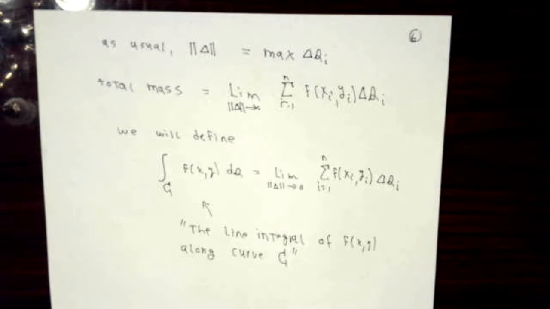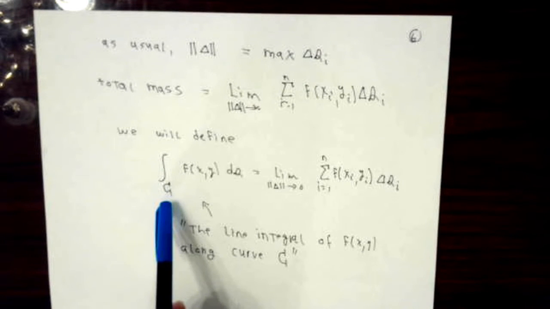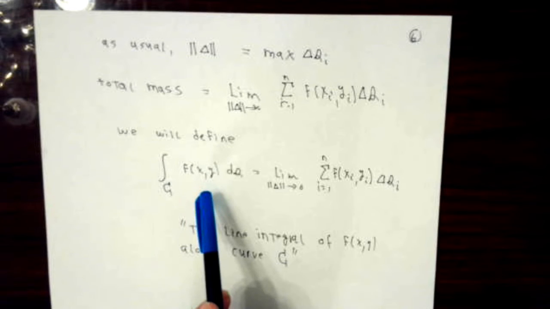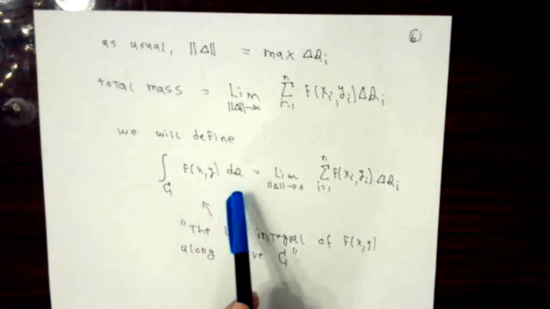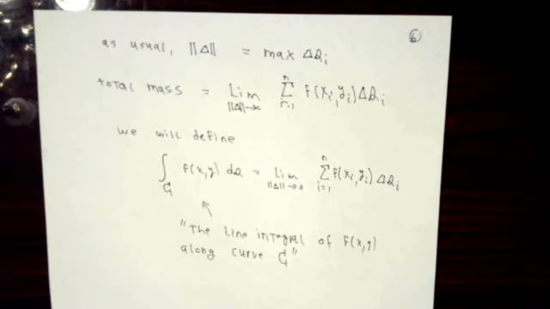The symbol that we're going to use for this is integral sign, name of the curve, the function that we're integrating, d lowercase script s, integrated with respect to arc length. We pronounce this as the line integral of f of x and y along curve C.